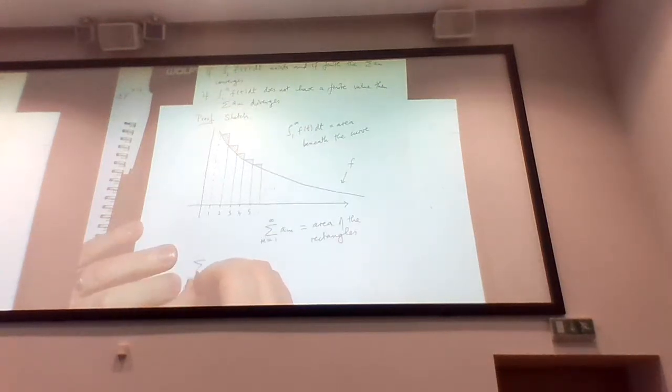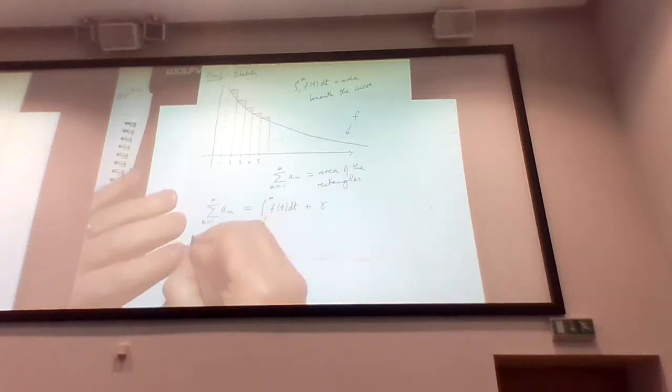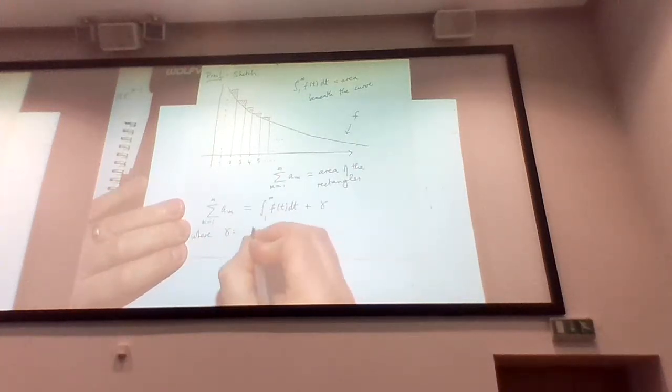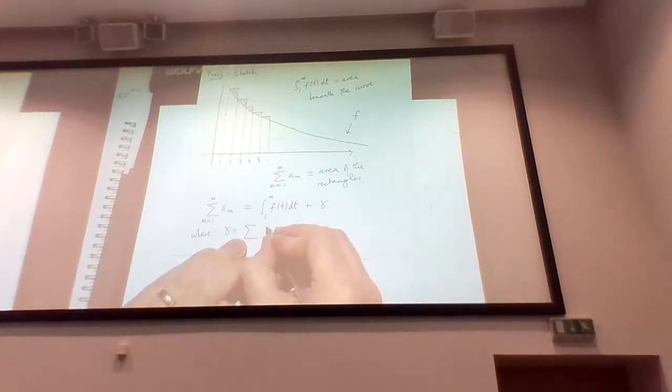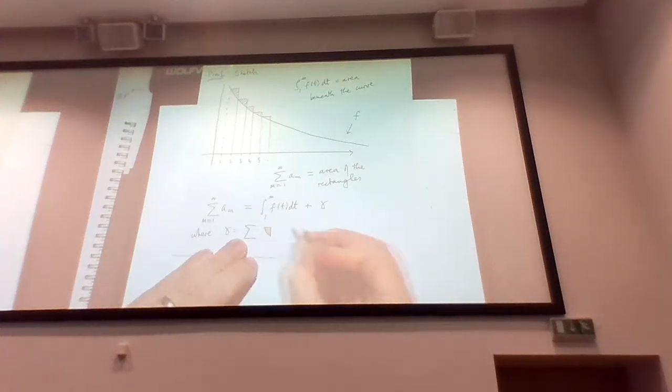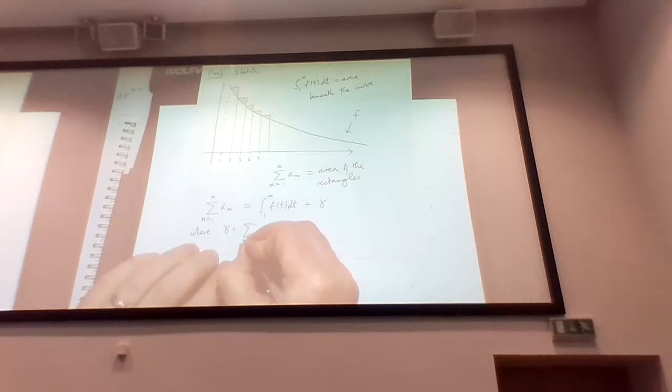So the sum of the series, you can say, is equal to the integral of the function plus an extra bit, which we denote by gamma, Greek letter gamma. So gamma equals the sum of all these red protrusion bits, which all have this kind of shape, and we're summing over n.